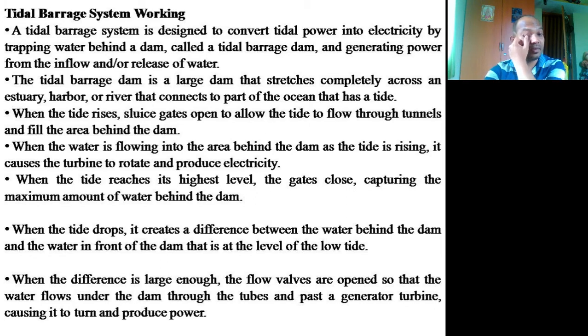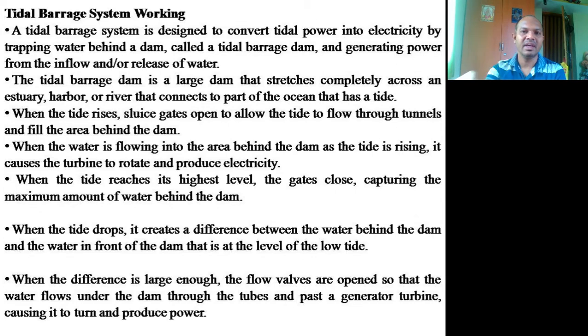The basin filled at high tide will be made to pass through one particular sluice gate, and the turbine will be fixed around the sluice gates. The potential energy of the water stored in the basin will be used to drive these turbines, which in turn generate electricity, as they are directly coupled to an alternator or a generator.